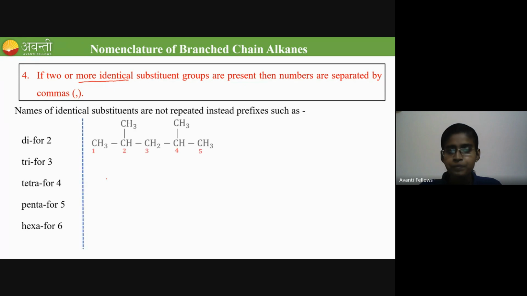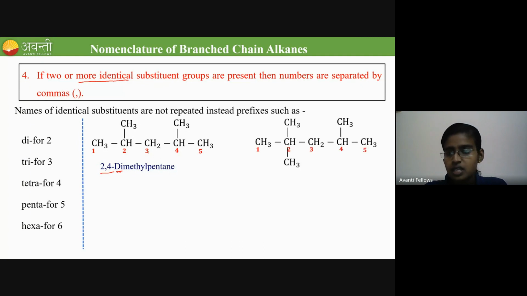So for this particular compound, what is the parent chain? The straight chain is the parent chain. And to the second and fourth carbon, 2 methyl groups are attached. Now what is the name of this compound? 2,4-dimethylpentane. Both the numbers are separated by comma. Here we are not using 2-methyl, 4-methyl pentane. We are writing 2,4-dimethylpentane.